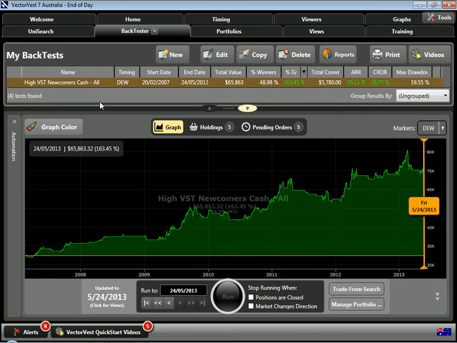And for the last test, I did sell all shares on a DEW down signal, so it says here that we went to cash, and again we have all the data. Now our total gain is up to 163.5%. That gives us an annual rate of return of over 26% over the last 6 years.